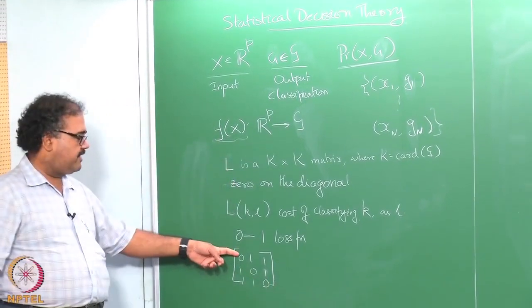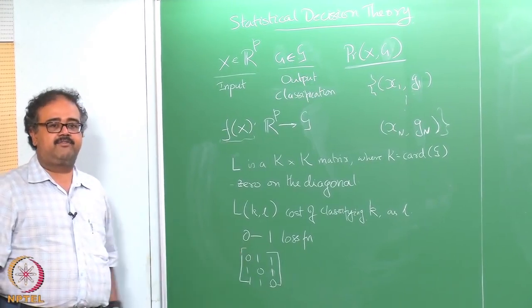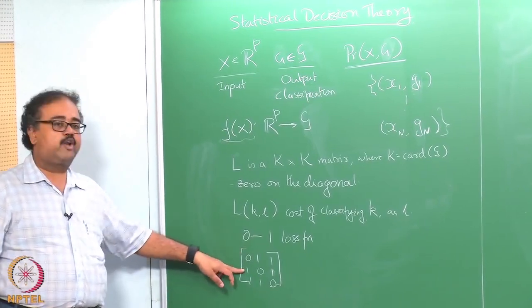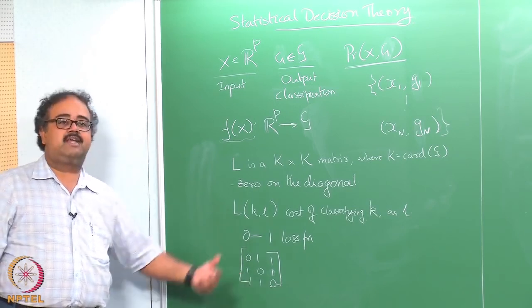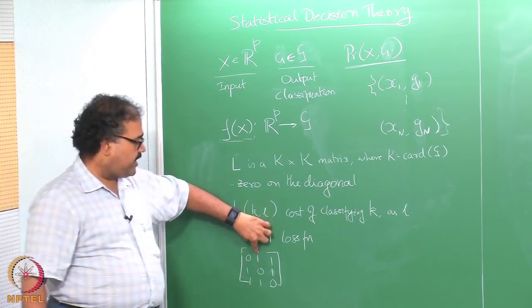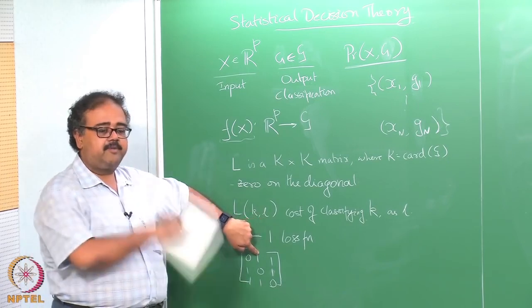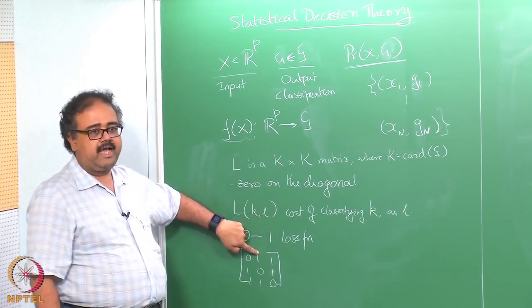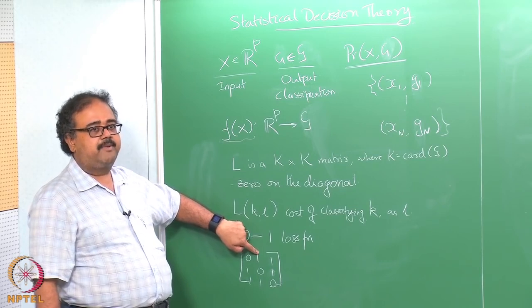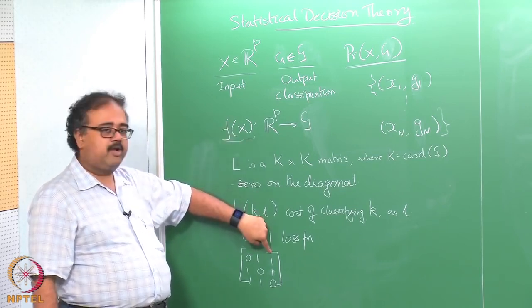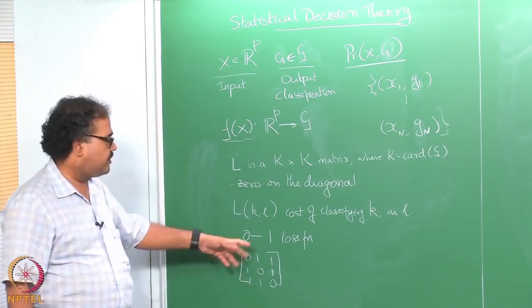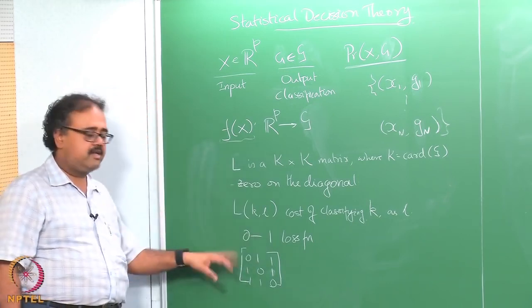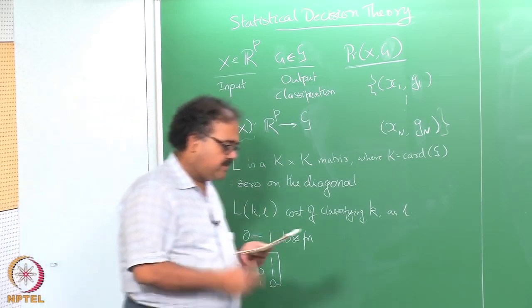If I classify to the right class, I get a penalty of 0, but if I classify to the wrong class, I get a penalty of 1 regardless of which wrong class I classify to. So, this entry says that the data point actually belongs to class 1, I have classified it as class 2, what is the penalty? 1. Data point belongs to class 1, I classify it as class 3, what is the penalty? 1, and so on and so forth. This is called the 0-1 loss function, because all the entries in the loss matrix are either 0 or 1.